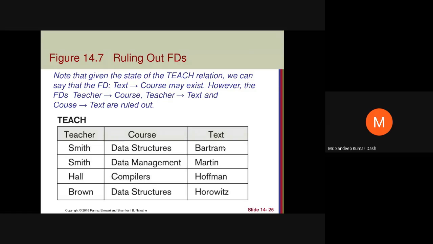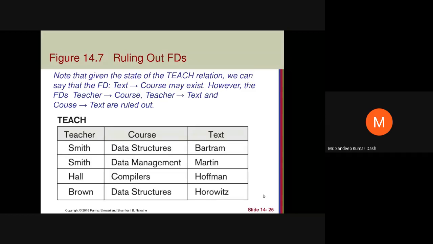If suppose at the fifth row I am inserting Martin, compiler, here Martin, here compiler, it will be invalid. So by seeing these four rows, I am saying that functional dependency may exist. I am not saying that functional dependency exists. It is always may exist.